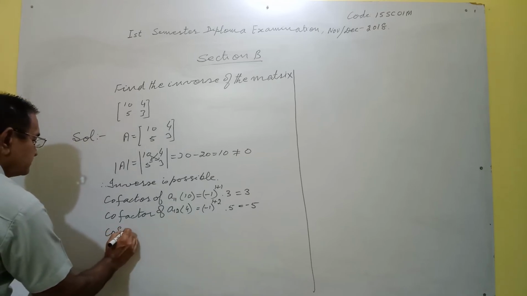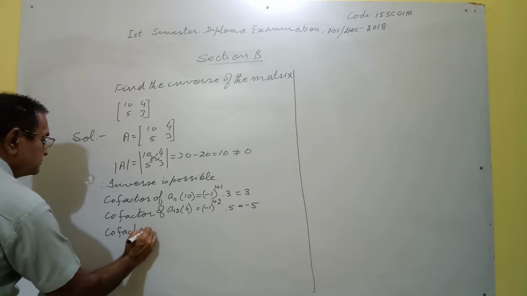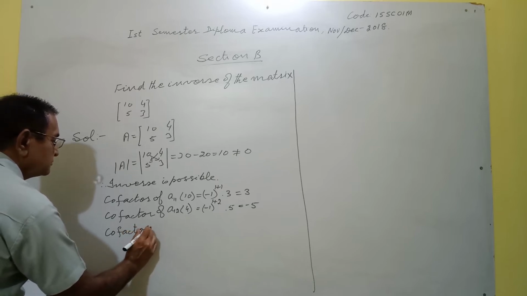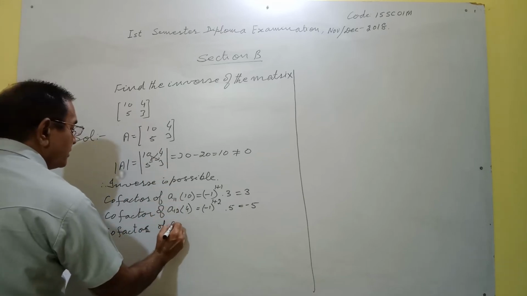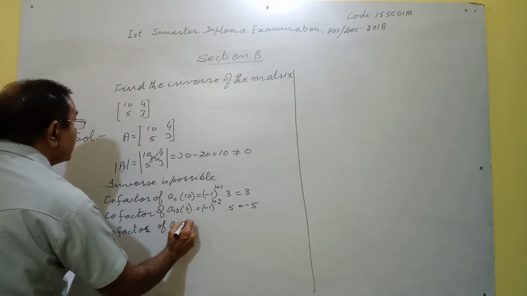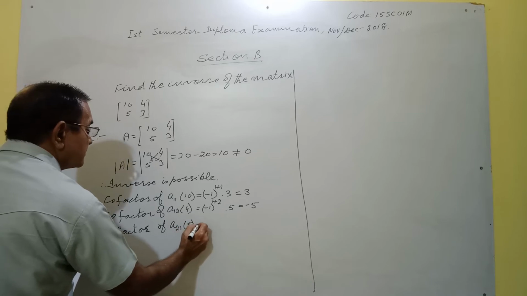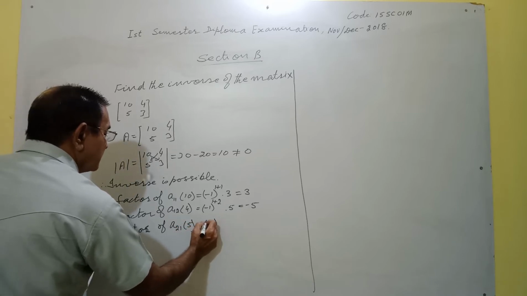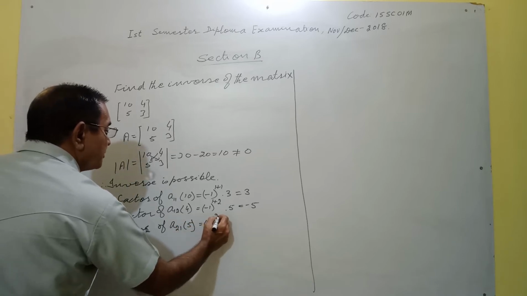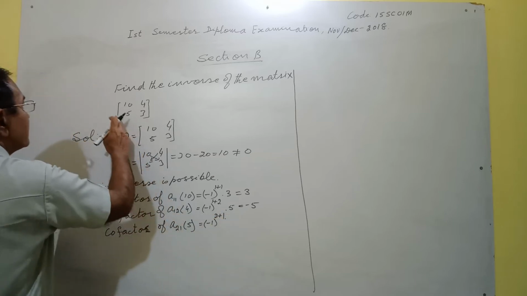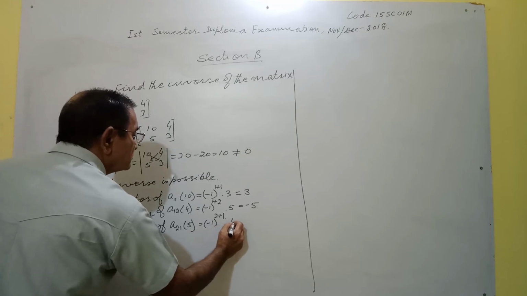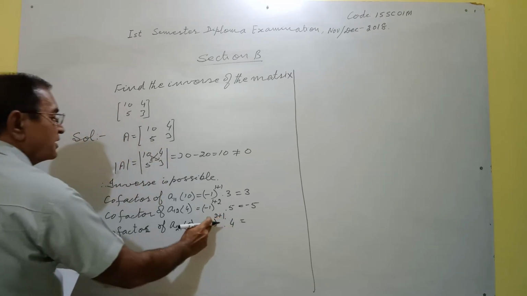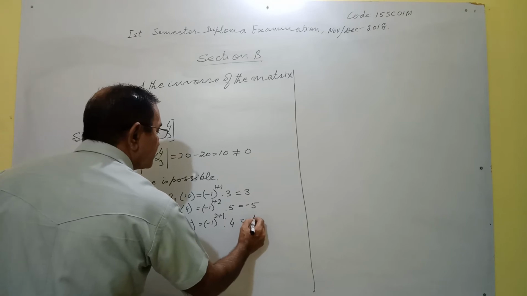Cofactor of A21, second row, first column, that is 5. Minus 1 power row plus column, cut the row, cut the column, we are left with 4. Minus 1 power 3 into 4, that is minus 4.